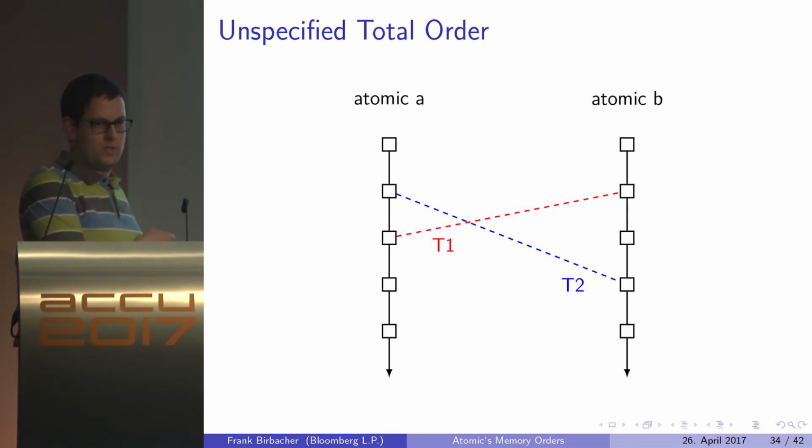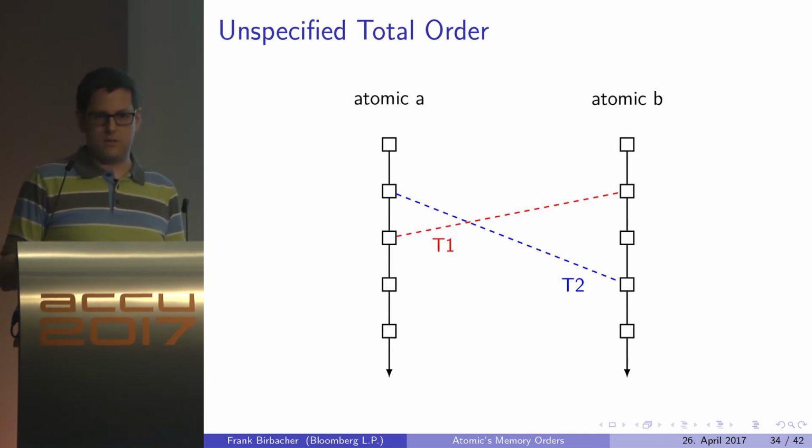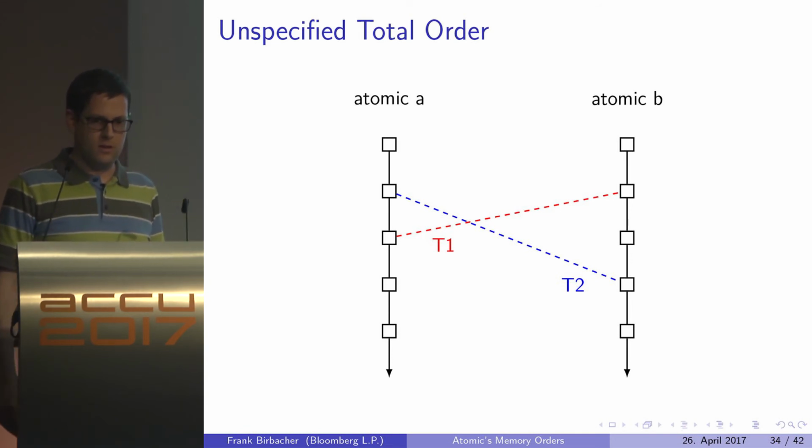So we see here two threads have different ideas about the modification of these atomics. They somewhat contradict our usual notion that there's a total order of events happening in memory. Here they're somewhat reversed, and therefore they would contradict.